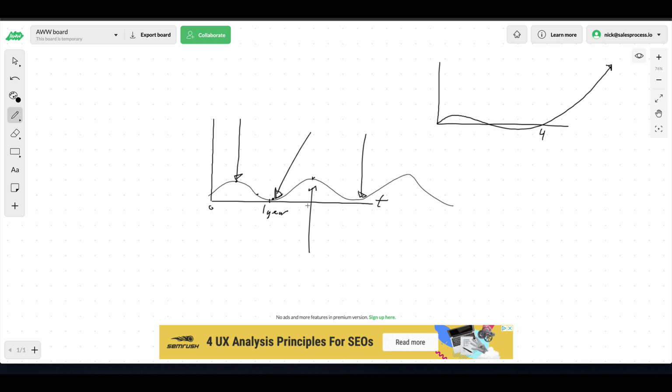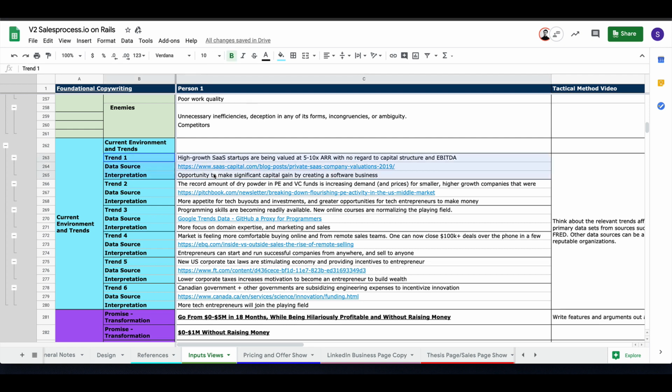Let's say there's a pandemic going on. Currently there's a lot of turbulence in the market. What worked last year might not necessarily work now. So as the entrepreneur, we need to be very, very aware of the environment and the forces acting on the environment. And so what we do is we do research.